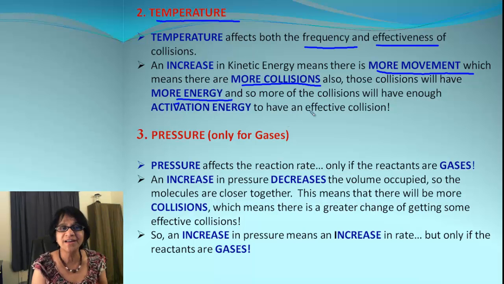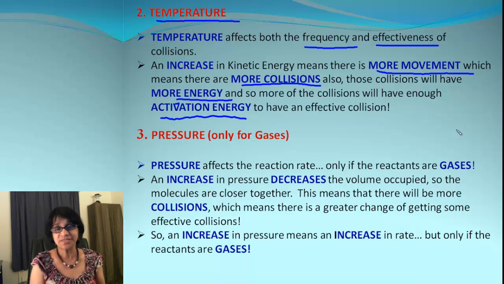And if there is more energy, it is easy to reach the activation energy which is required for a reaction to take place. So simply, an increase in temperature will increase the rate of reactions, of course, most of the time. We will talk more about that later, how it can affect different types of reactions differently.